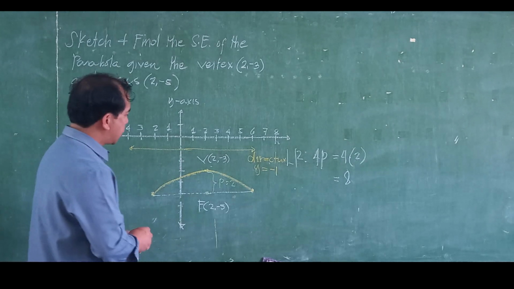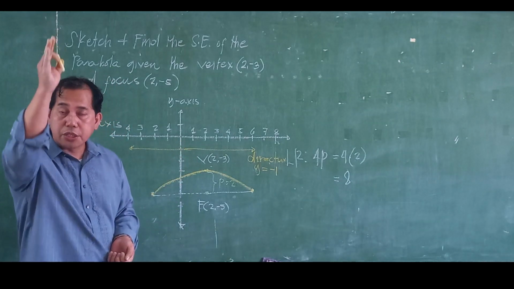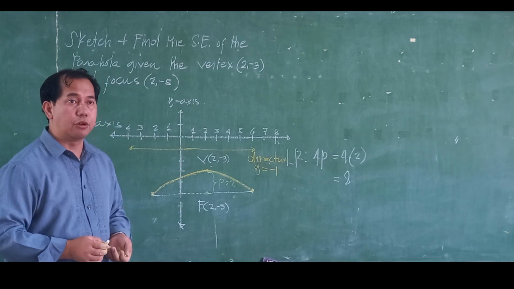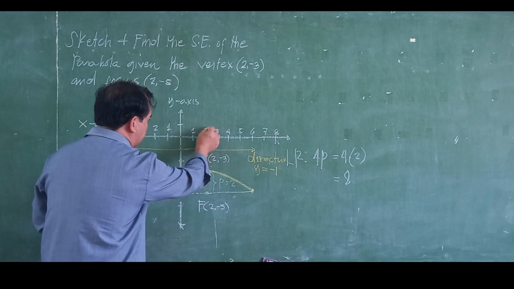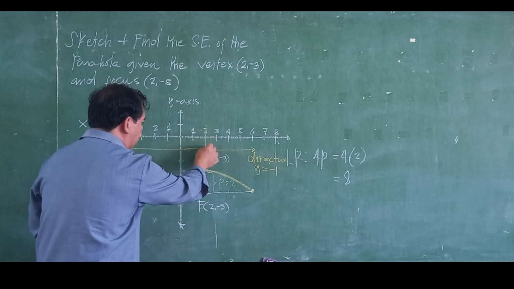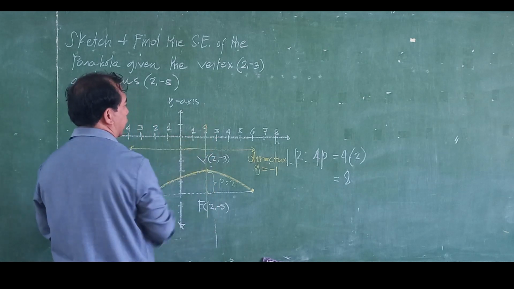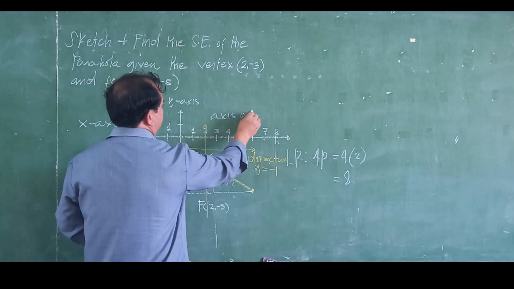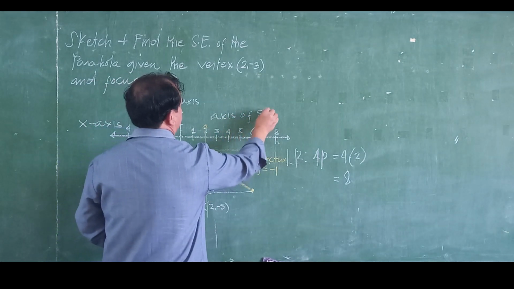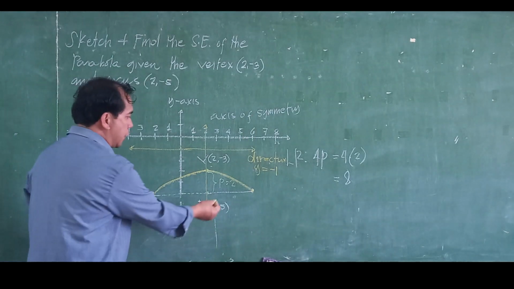Now, notice that, let's get the axis of symmetry of the latus rectum. Axis of symmetry, meaning to say, it will pass through the value of x which is in here. So that is the axis of symmetry.